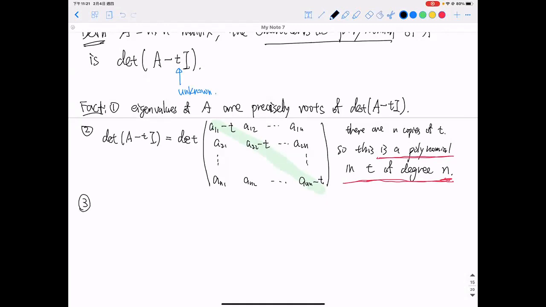Now what do we know? Because the characteristic polynomial has degree n, it has at most n different roots.